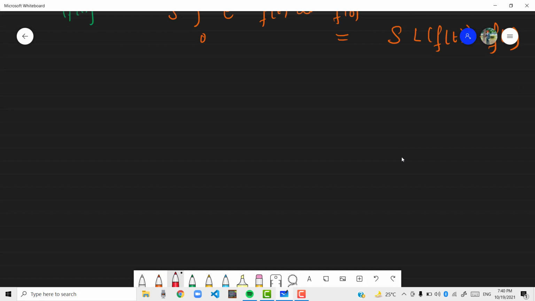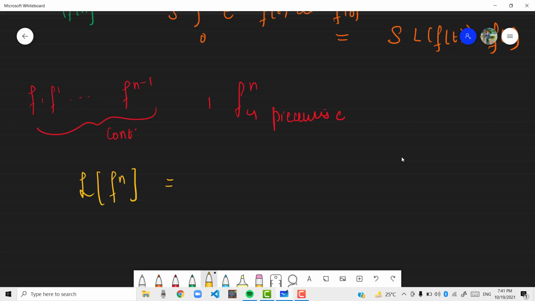So अगर हम माने कि nth derivative तक का f, f dash and so on, f n minus 1 तक सारे continuous हैं और f n जो है वो piecewise continuous है, तो आप Laplace transform of f raised to power n भी निकाल सकते हो। How?